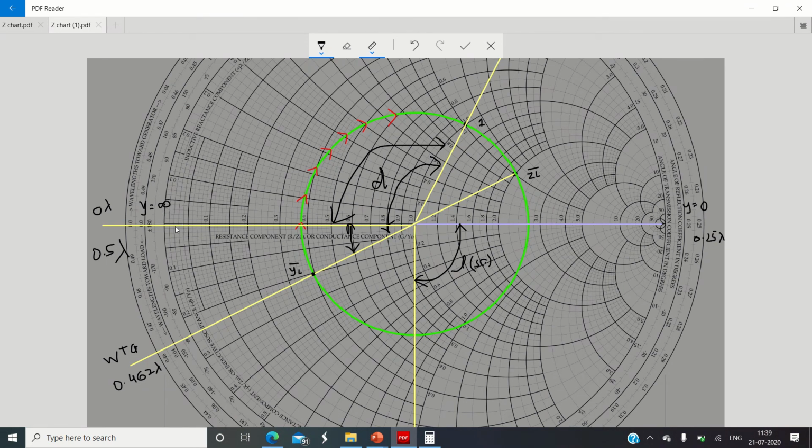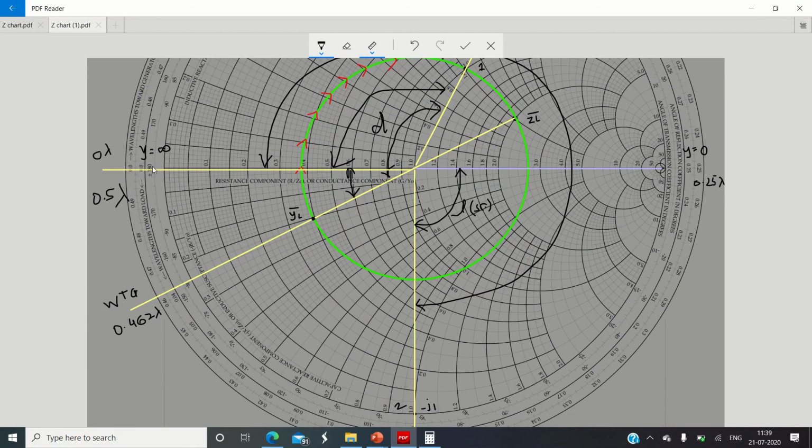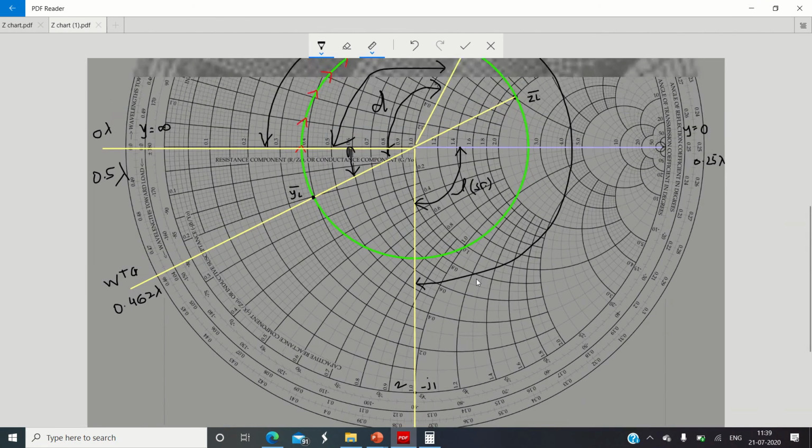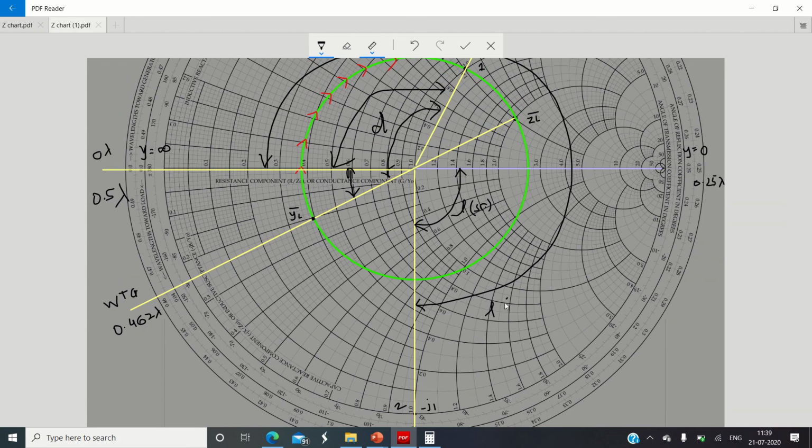Now from this infinity straight line, I need to travel in this way to the straight line where the impedance is located. This traveling around the circle, from the line representing y is equal to infinity to that impedance point, will give us the length of the open circuit stub, OC, I will write.